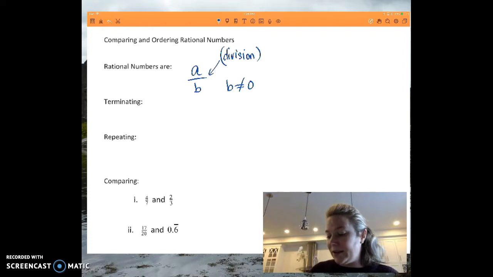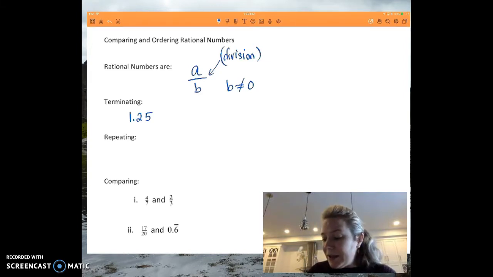Terminating is something like 1.25. It ends. There's just no numbers after the 5. We could secretly add lots of zeros, but there's no more of that number after the 5.